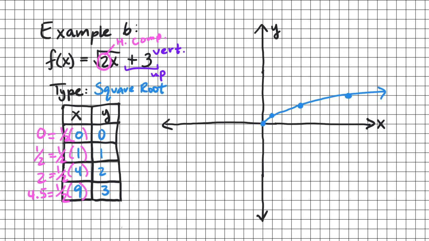Okay, so let's do that. Let's do 0, 0. Then the next one is 1/2 and 1, or 0.5 and 1. So I'm going to go half a step to the right and 1 step up. Right here. Then I'm going to take 2 steps to the right and 2 steps up.